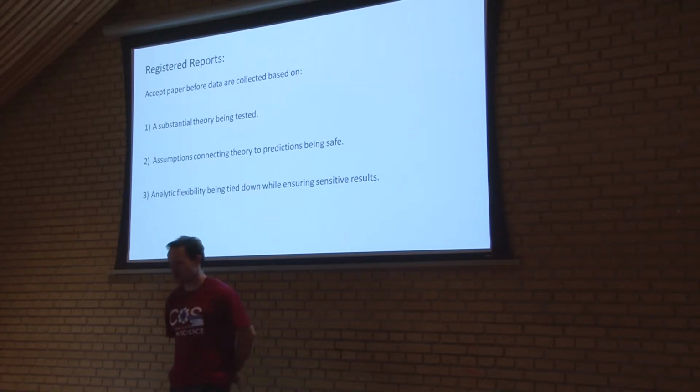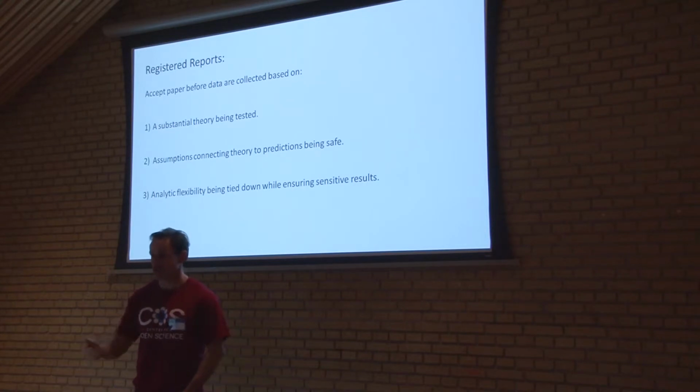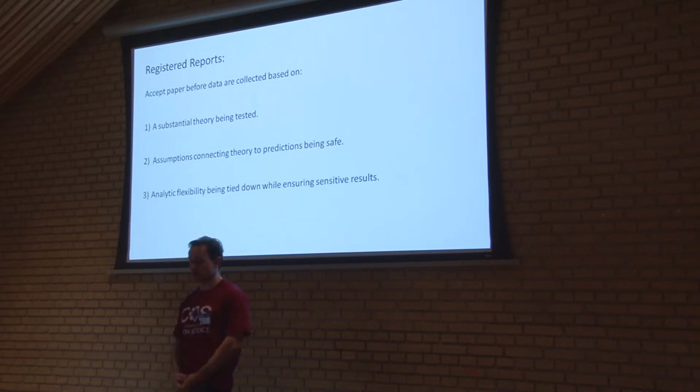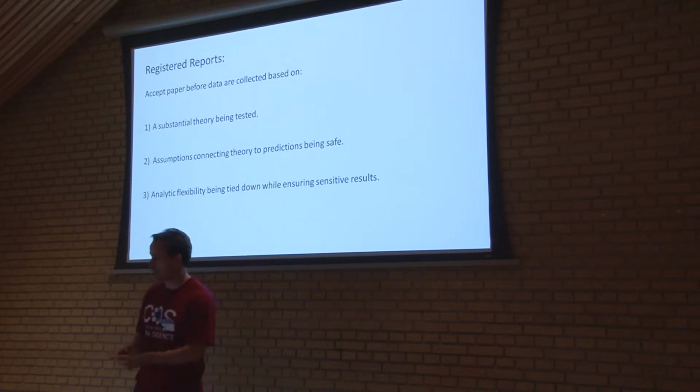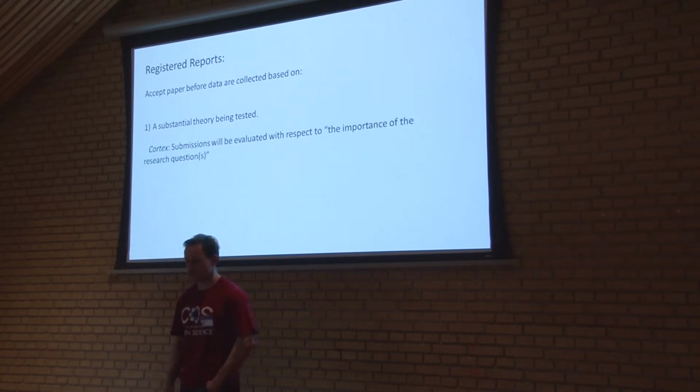So I say a substantial theory. The assumptions connecting the theory to predictions need to be shown to be safe, at least key assumptions. You can't do all of them. And your analytic flexibility needs to be tied down as thoroughly as possible, while at the same time typically ensuring sensitive results. So let's go through those processes.